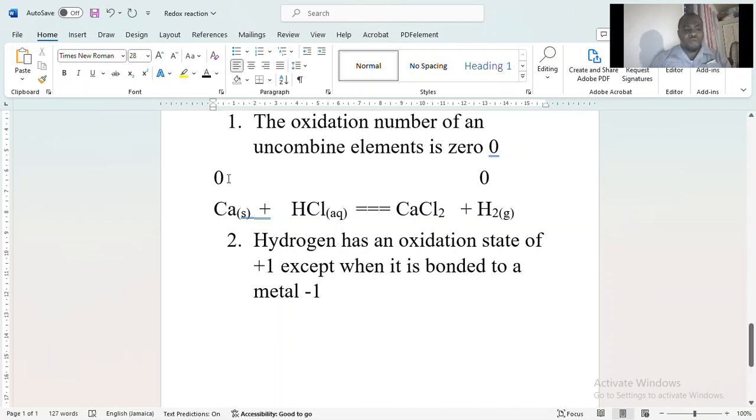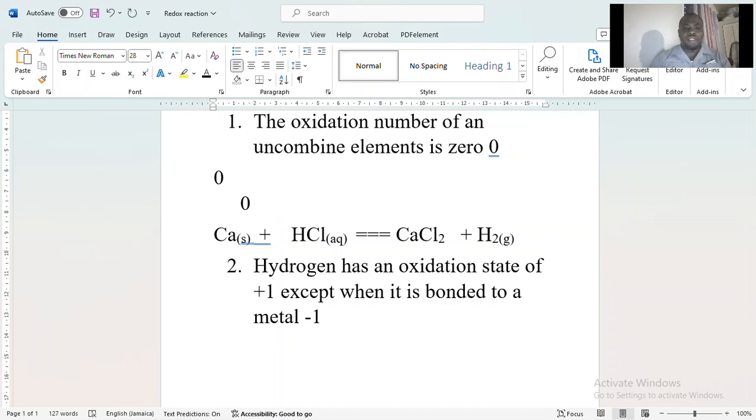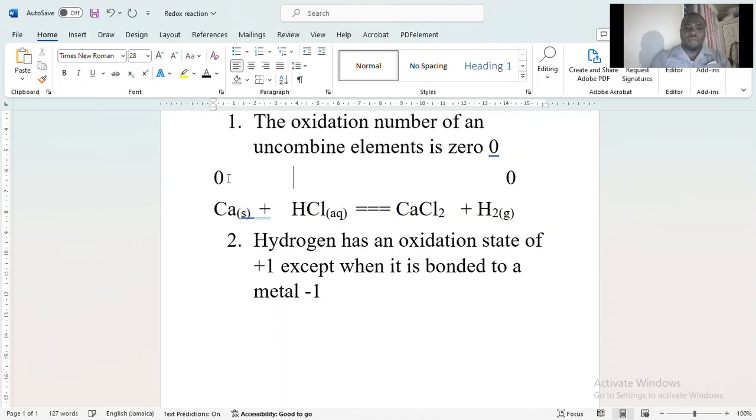So if we look here, we're seeing the concept of a hydrogen right here. This hydrogen is not bonded to a metal. We know that it should be a +1. So great.